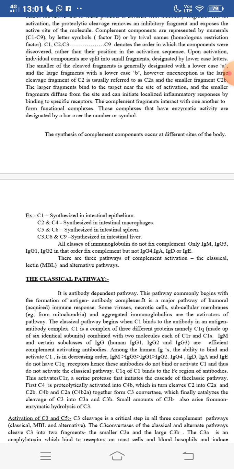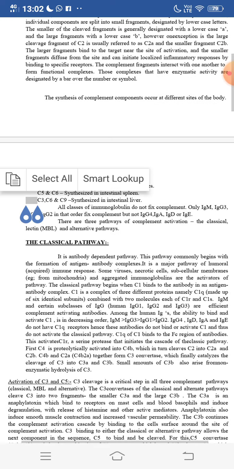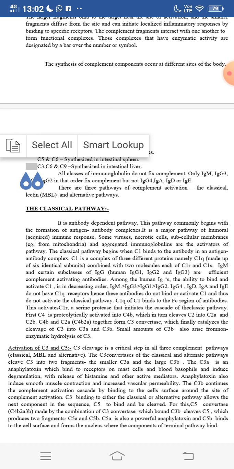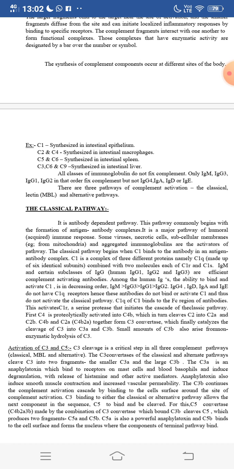Means the C1, C2, C4, C5, C9, C8, all these complementary sets of proteins are produced at different places. C5 and C6 are synthesized in the spleen, and C3, C6 and C9 are synthesized in the liver.